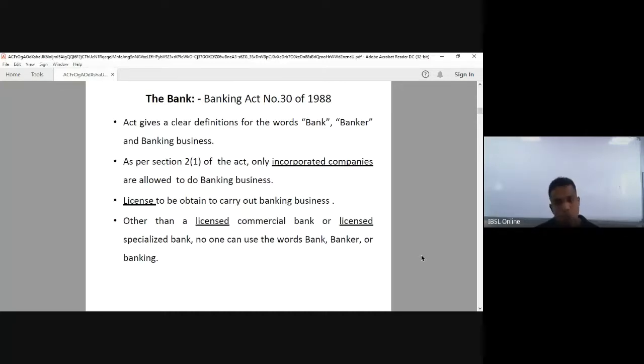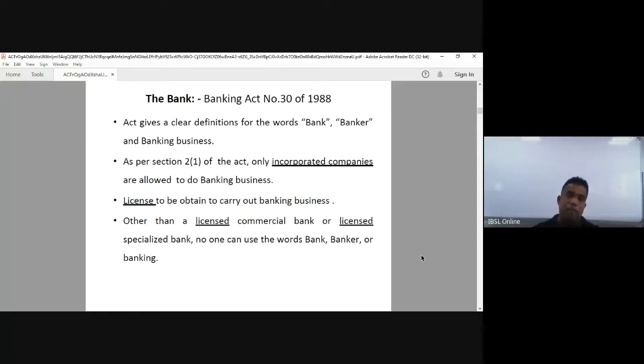So no individual, no partnership, no society can do banking business under the Banking Act. So what is the first requirement to become a bank? You have to register the institution or the organization as a company. So you have to incorporate a company.